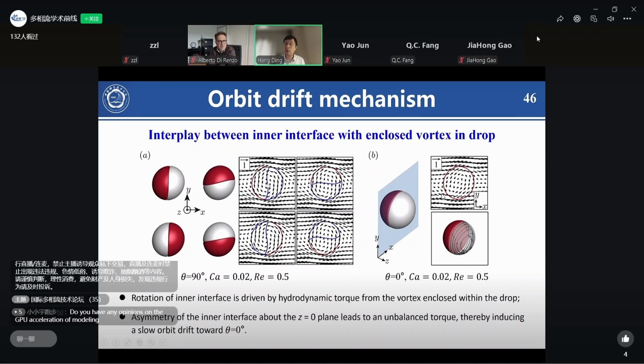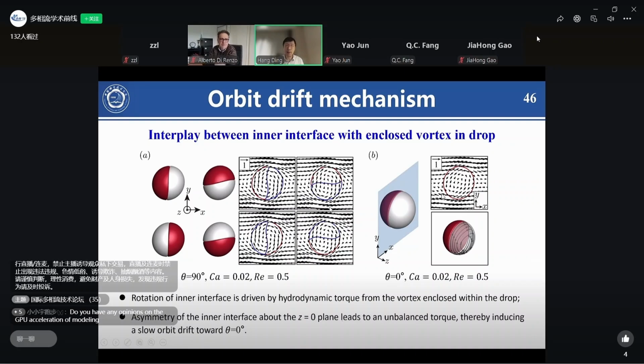It reaches a steady state, but the inner interface changes with time. Okay, so you can imagine that because the inner interface has some difference, I mean, it's not symmetric with respect to the Z0 plane here. If there's a difference, a bias, then it would be driven by the hydrodynamic torque from the vortex enclosed within this droplet, like this one.